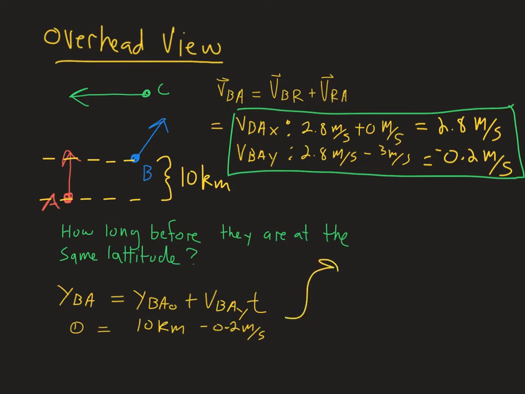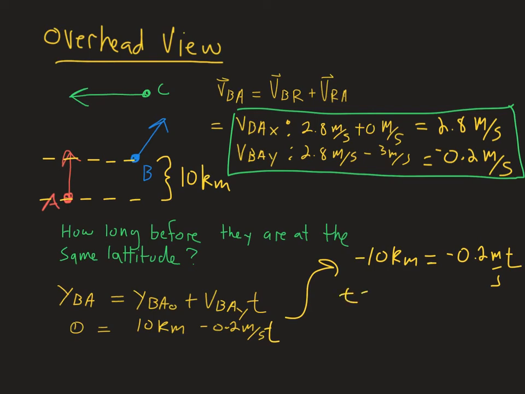What I want to do is get the 10K out of here, times T. So I'm going to get rid of the 10K by subtracting from both sides, so there'll be minus 10 kilometers equal to minus 0.2 meters per second T. Okay, and then to solve for T, I'm going to divide by minus 0.2.